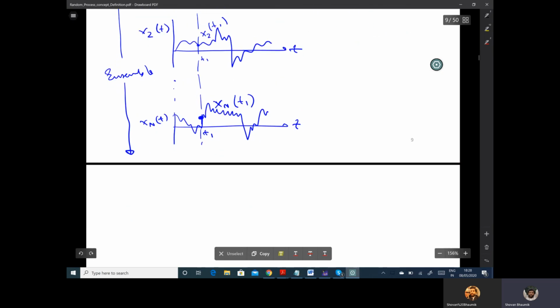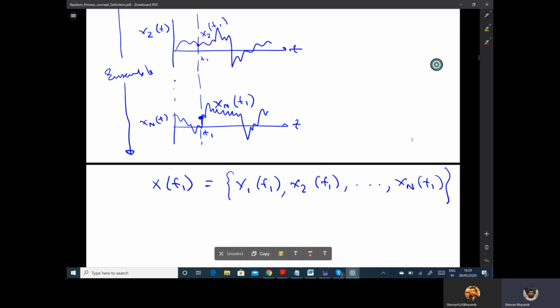If we take the population or set of those, how can we write it? We can write x(t1) equals x1(t1), x2(t1), like this, up to xn(t1). So this is a set of all the points at the time t1, and this x(t1) is important.